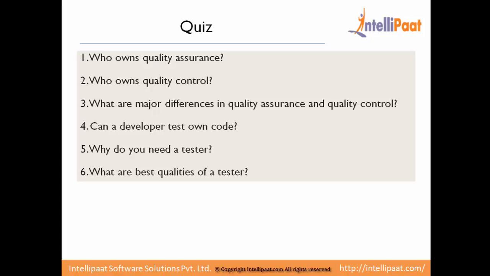And what are the best qualities of a tester? In the entire chapter we discussed the different qualities and characteristics that a software testing team or a tester as an individual needs to have.